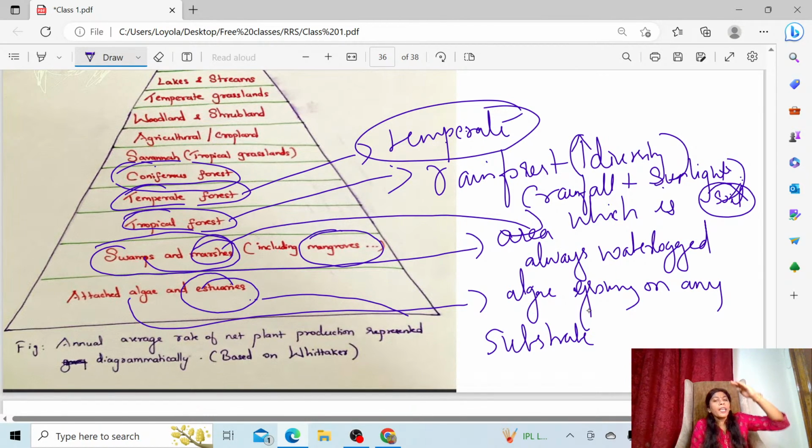And when you go to the higher ranges in the mountains, to higher altitudes, it is the same as in latitude: moving away from the tropical region you move towards the tundra.